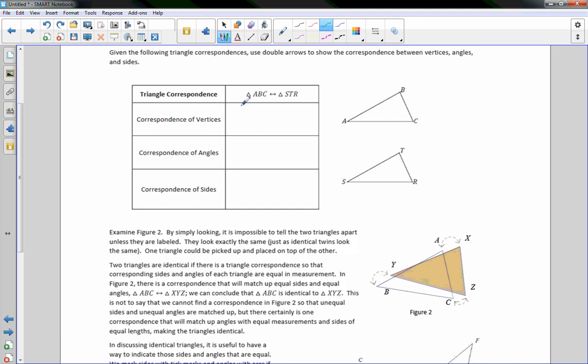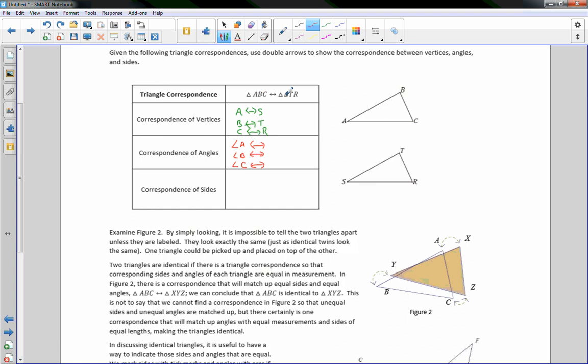So the correspondence of vertices would be, now vertices, we just use a letter and no angle measure. Vertex A is to S. So I do a double arrow and S. Vertex B is to second letter T, and vertex C is to vertex R. Correspondence of angles is going to be angle A, angle B, angle C, and we're going to write the correspondence arrows, double arrows.